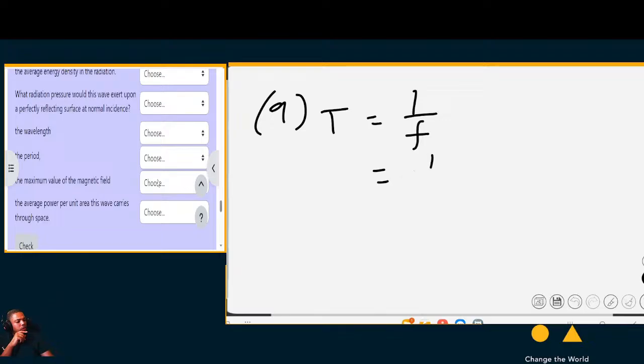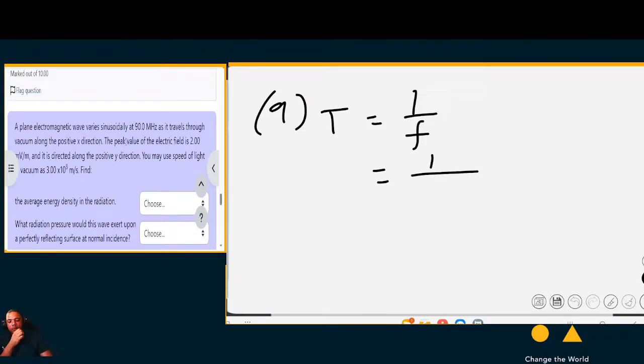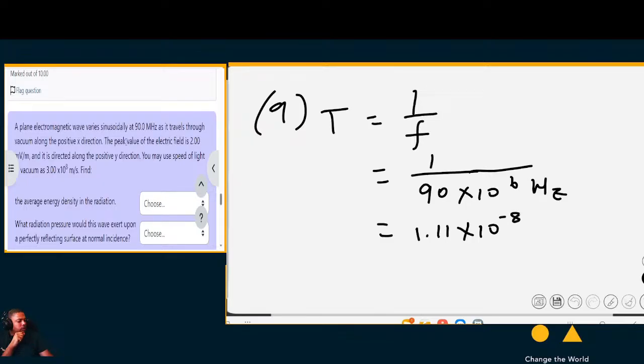What's the frequency here? 90 megahertz, so it's 1 over 90 times 10 to the 6 hertz, and therefore in seconds it is 1.11 times 10 to the negative 8 seconds.